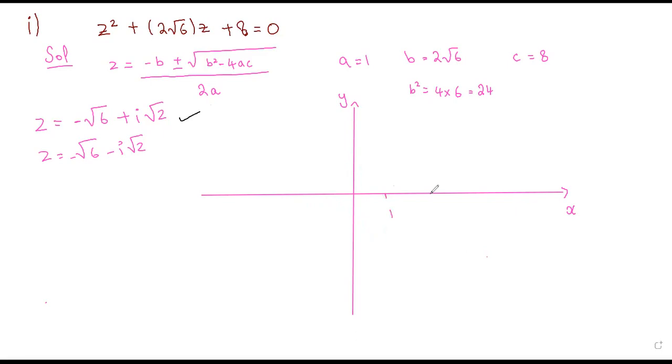So 1, 2, under root 6, 1, 2, minus under root 6, minus 2, and minus 1. 1, 2, under root 2, minus 1, minus 2, and then we have under root 2 here. Okay, so just for understanding purposes, I'm making it this way, right? It's not the exact plotting, but yeah.